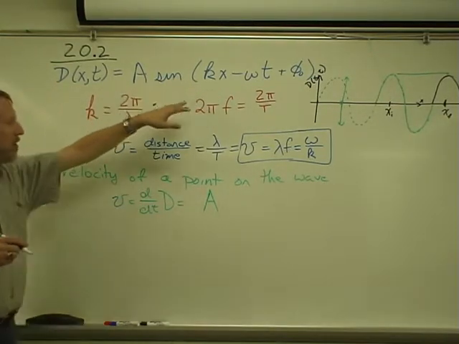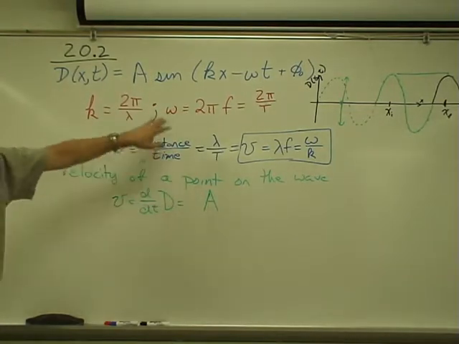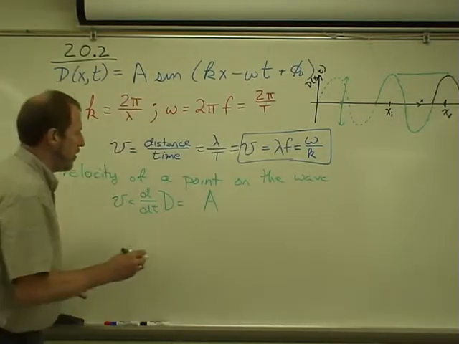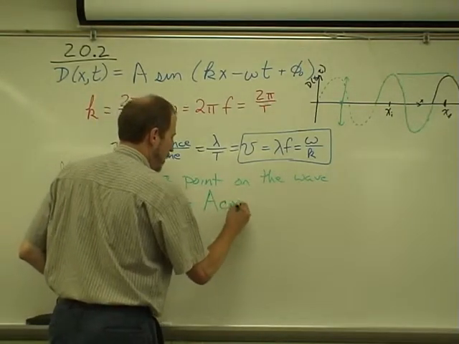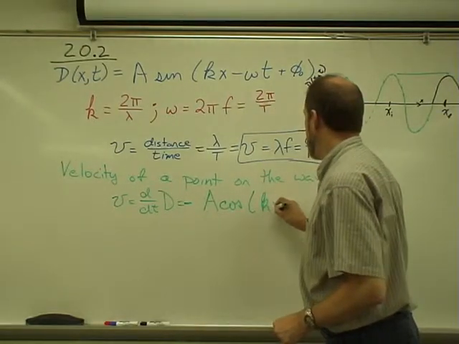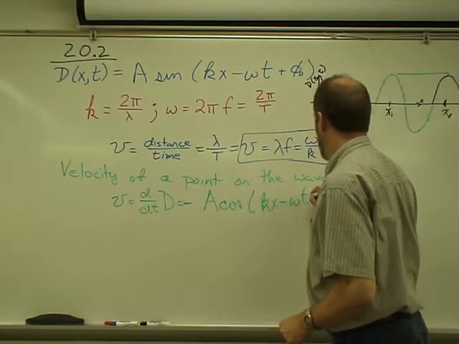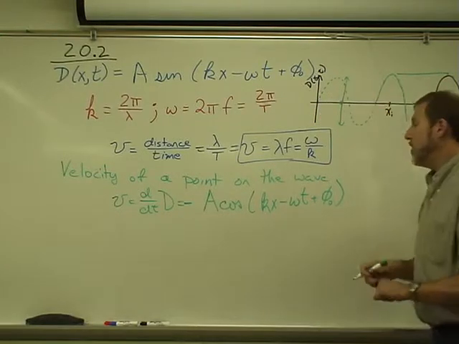So, in order to find the time derivative of sine some stuff, I first take the derivative of sine, which is negative the cosine of whatever is inside, kx minus omega t plus phi naught.